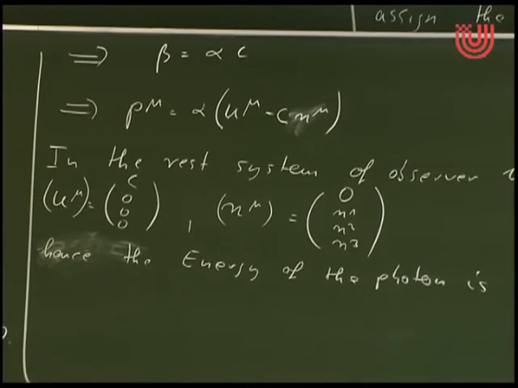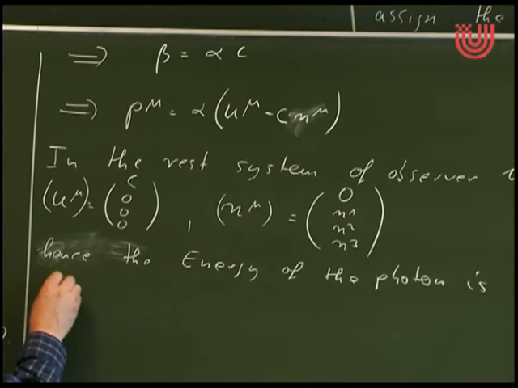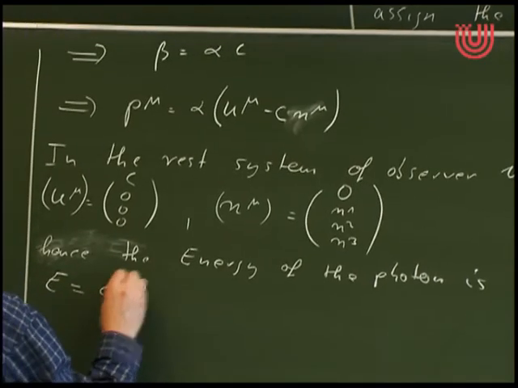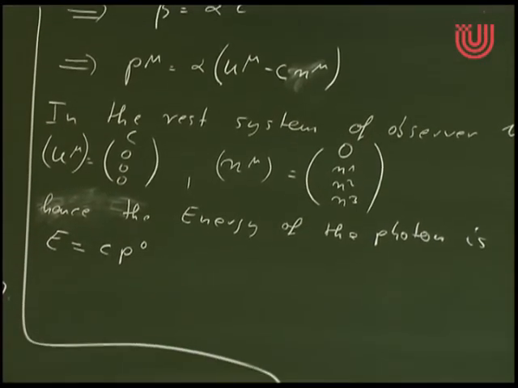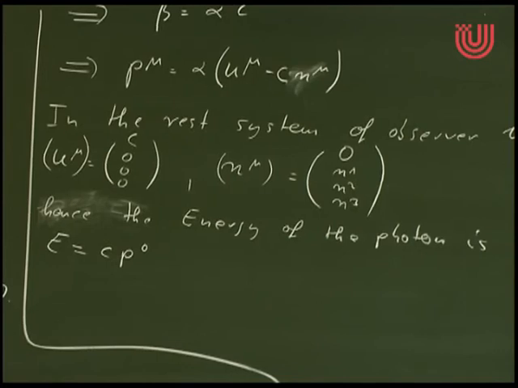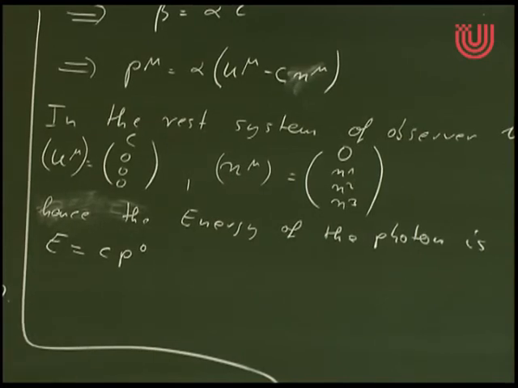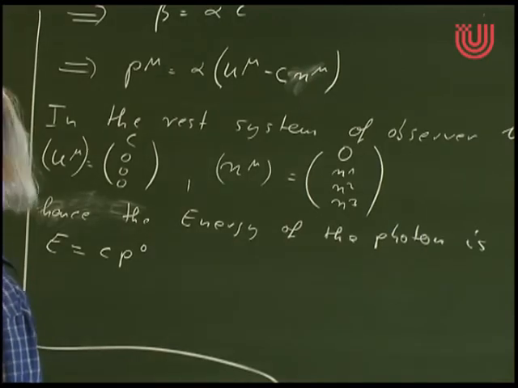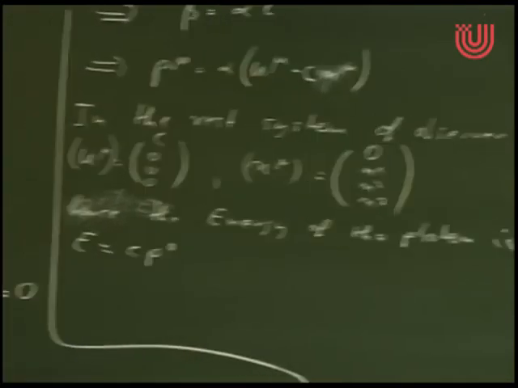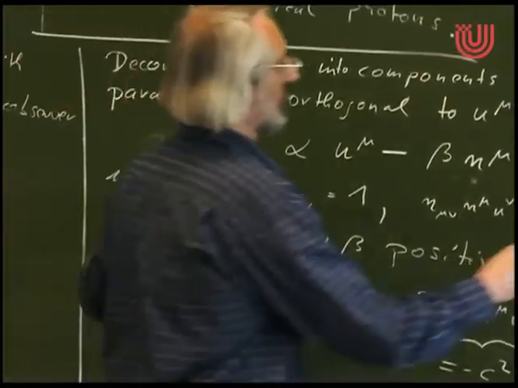So we have E is c times p naught, remember? E was c times p naught. And I hope we have something which connects this with alpha. Yes, of course, this equation here.